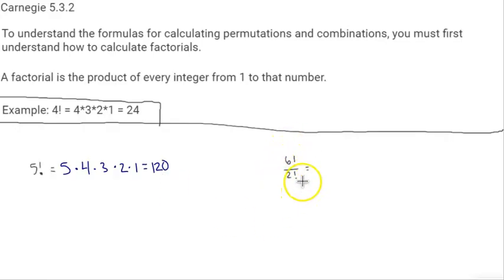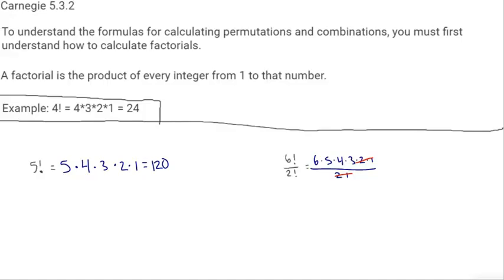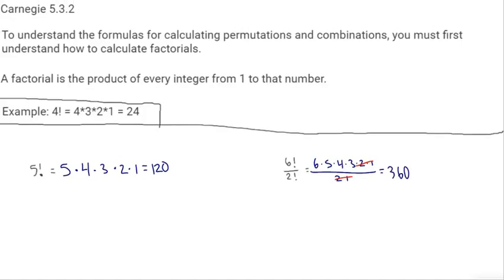If I wanted to calculate 6 factorial divided by 2 factorial, I'd expand my factorials and then reduce my fraction. So if I wrote out the product of integers from 6 to 1 in my numerator, and then the product of 2 and 1 in the denominator, I notice that the 2 and the 1 are in both parts of the fraction. So to simplify this, I simply multiply 6 times 5 times 4 times 3, which gives me 360.